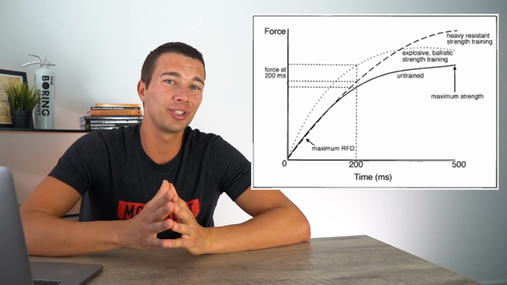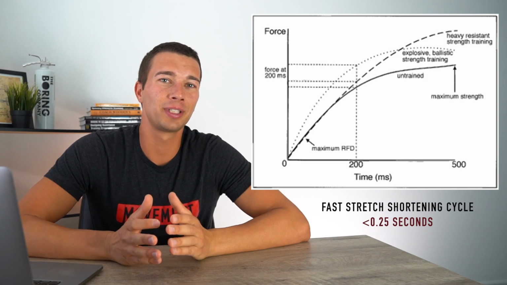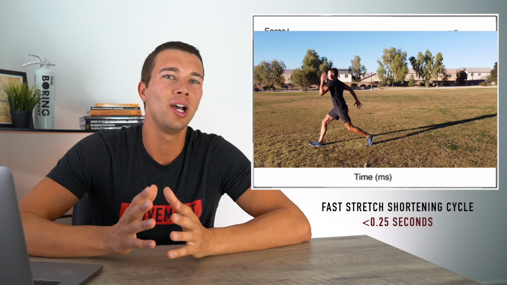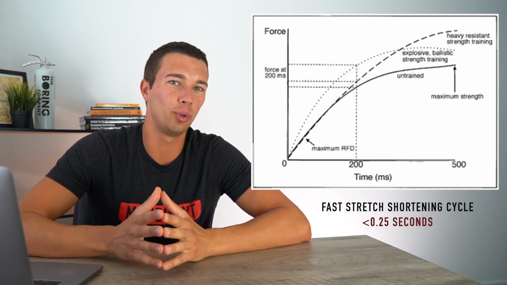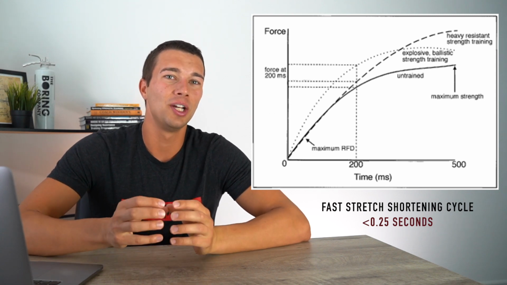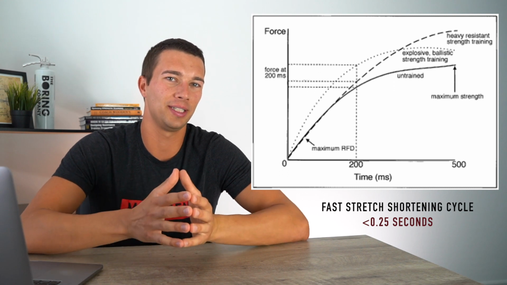By contrast, exercises of the fast stretch shortening cycle, like repeated hops, depth jumps, power skips, and downhill sprinting with a 1, 2, 3% grade, are all activities that occur with that short ground contact time less than 0.25 seconds. Those exercises capitalize on the specific neurophysiological pathways that we utilize during max velocity sprinting.